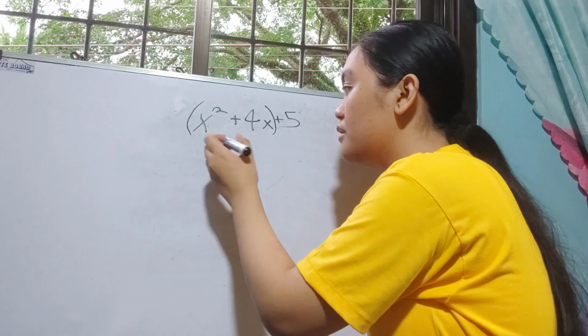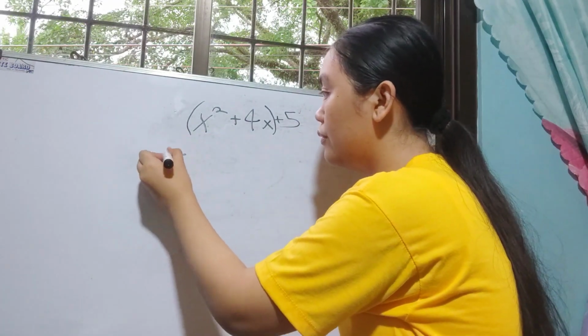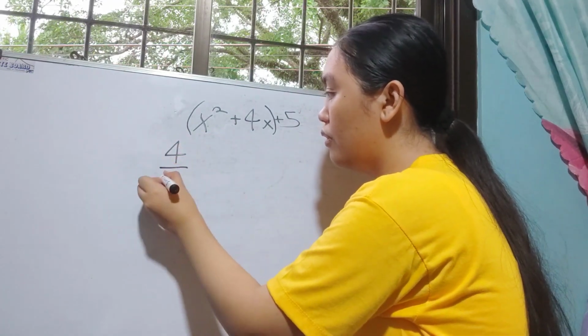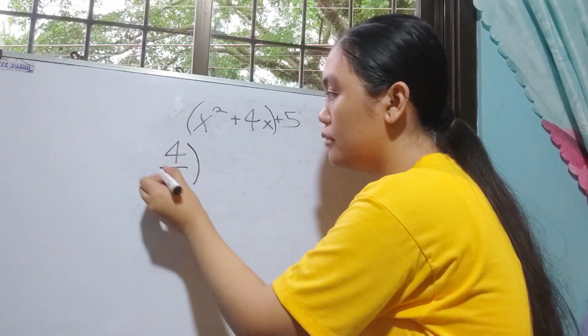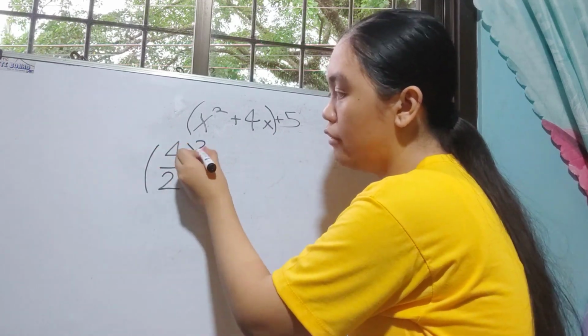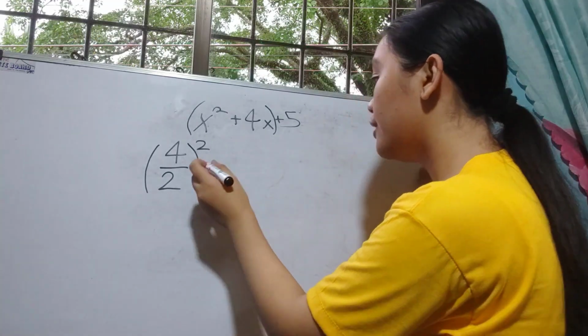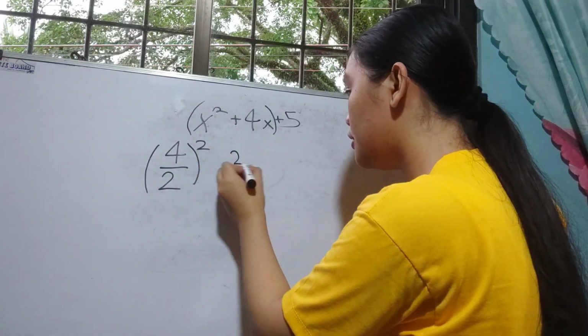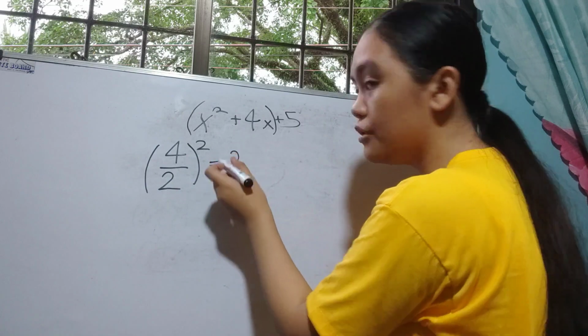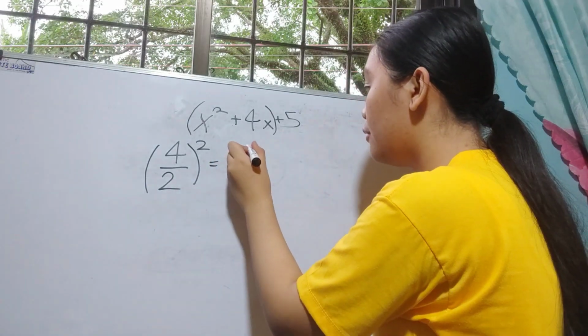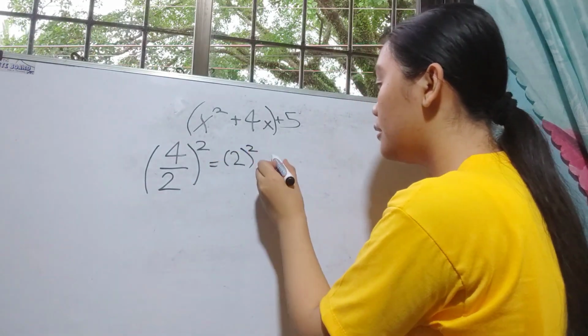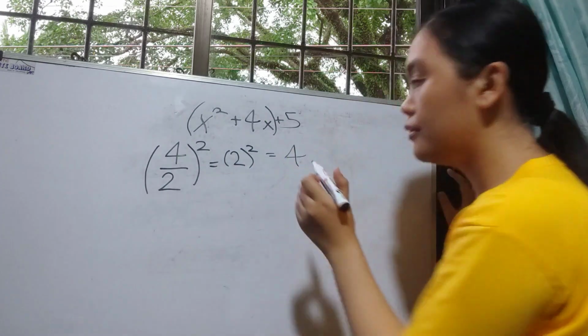Take the second term, 4, over 2, squared. 4 divided by 2 is 2, and then we square that, which becomes 4.